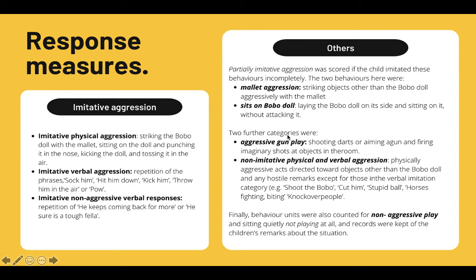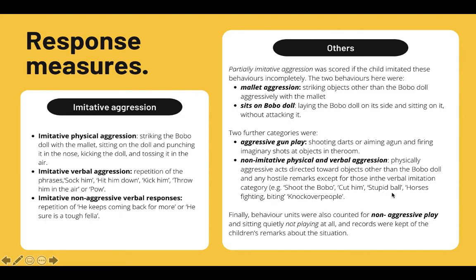There were two further categories, which were aggressive gunplay: shooting darts or aiming a gun and firing imaginary shots at objects in the room. Okay, so this is something that the model didn't do. Or if they show non-imitative physical and verbal aggression. So physically aggressive acts directed towards objects other than the bobo, and any hostile remarks except for those in the verbal imitation category: shoot the bobo, cut him, stupid ball, horses, fighting, biting.